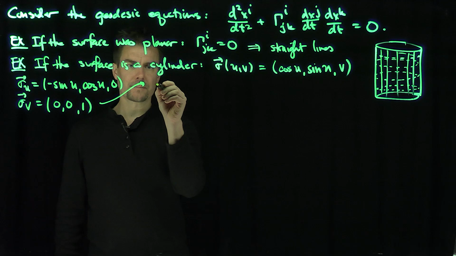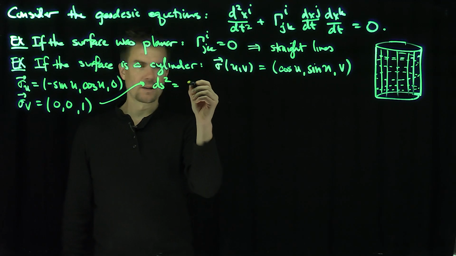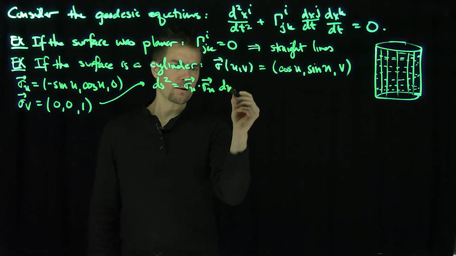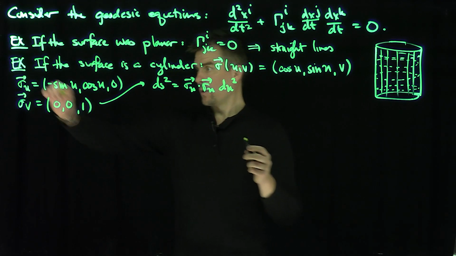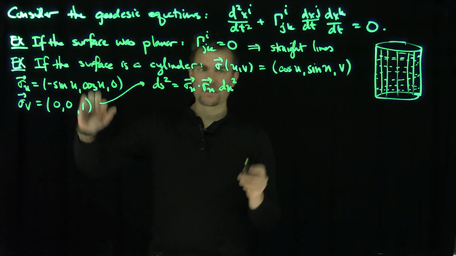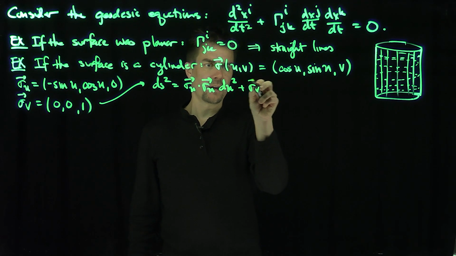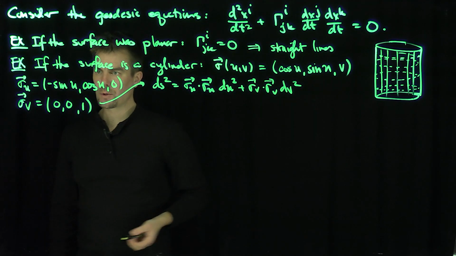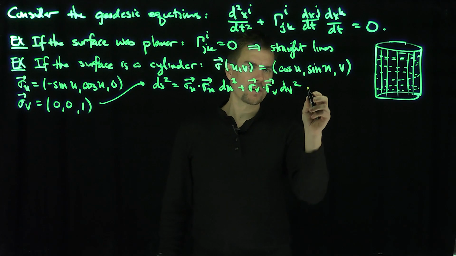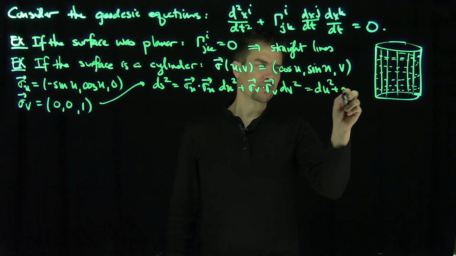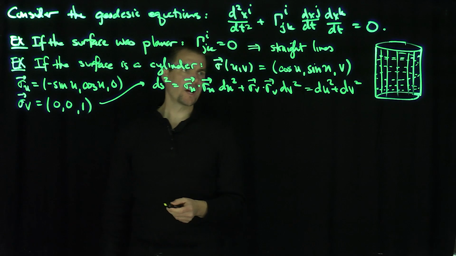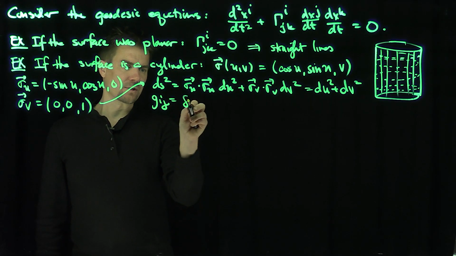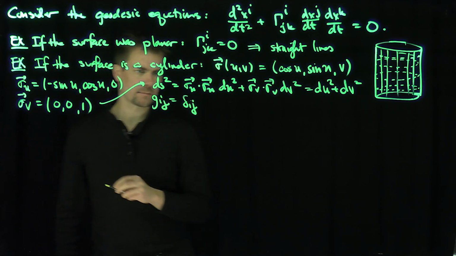My metric ds squared is going to be sigma_u dot sigma_u du squared, plus the cross terms, which are 0 because when you dot them you get 0, plus sigma_v dot sigma_v dv squared. Sigma_u dot sigma_u is 1, sigma_v dot sigma_v is 1, so this is just du squared plus dv squared. So my g_ij is just delta_ij.